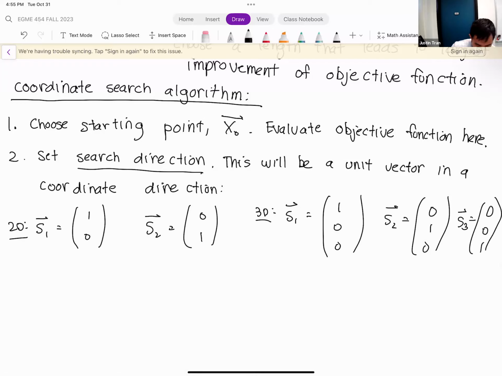You have to choose one of these. We're going to cycle through all of them eventually, but you choose one at first. Okay, step 3. Step 3 is to compute the step length in this direction that will lead to the biggest improvement of the objective function. Step 3 is the key step in this algorithm.